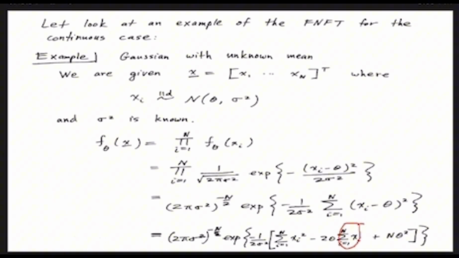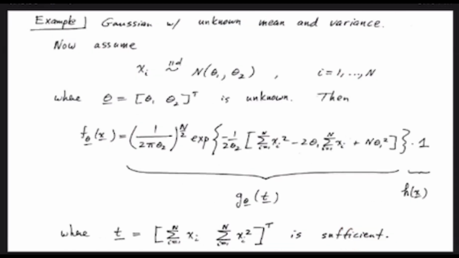Does that make sense? Which means if I want to figure out the mean, if I know summation x, then I can figure out the mean. And I can also say x bar, because if I simplify this and divide by n, I can say summation x or x bar.